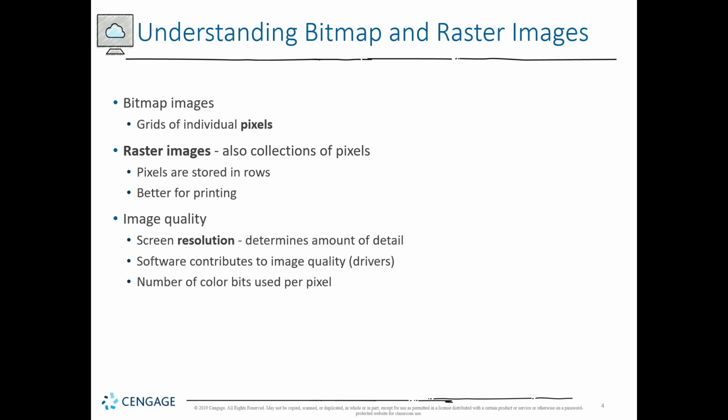When we're looking at the overall image quality, we have a few different things that we need to look at. One, our print quality, our actual data quality of the individual file, and the screen resolution. When we open up a data file on our computer, our screen has to display it.